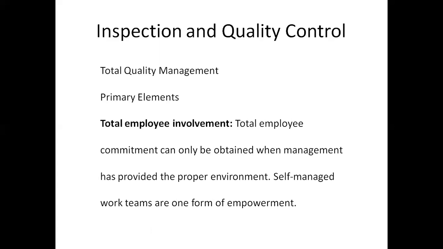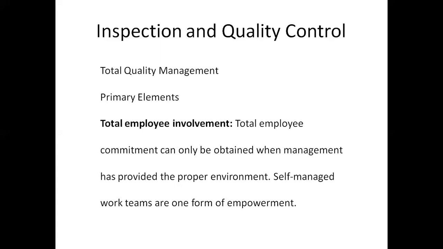Now, total employee involvement. Total employee involvement can be obtained only when the management has provided the proper environment. What do we mean by the proper environment? Proper environment means that self-managed work teams are one form of empowerment.